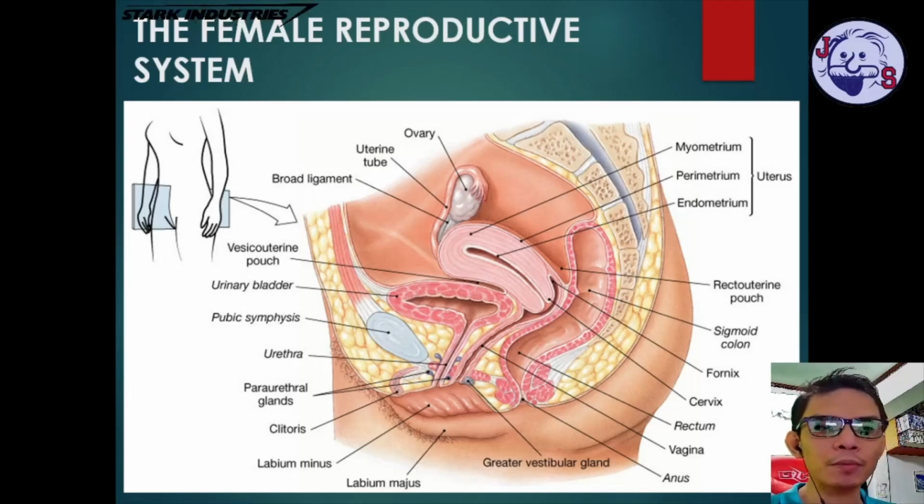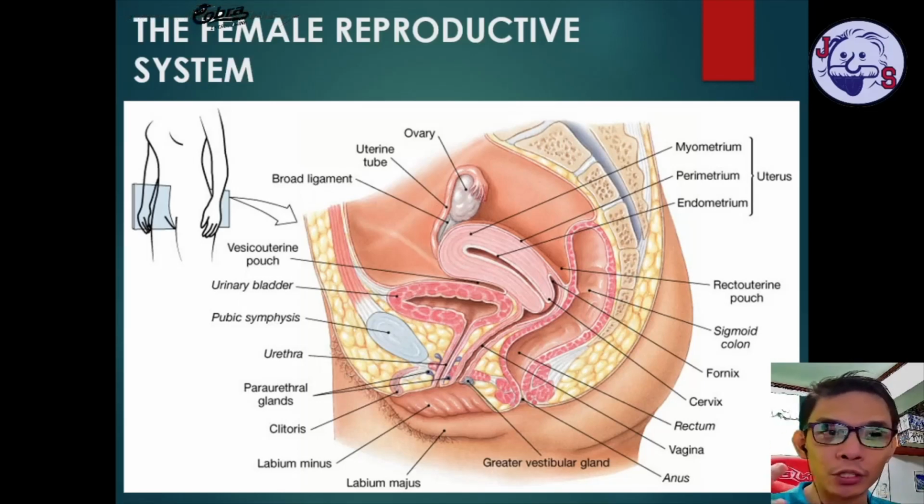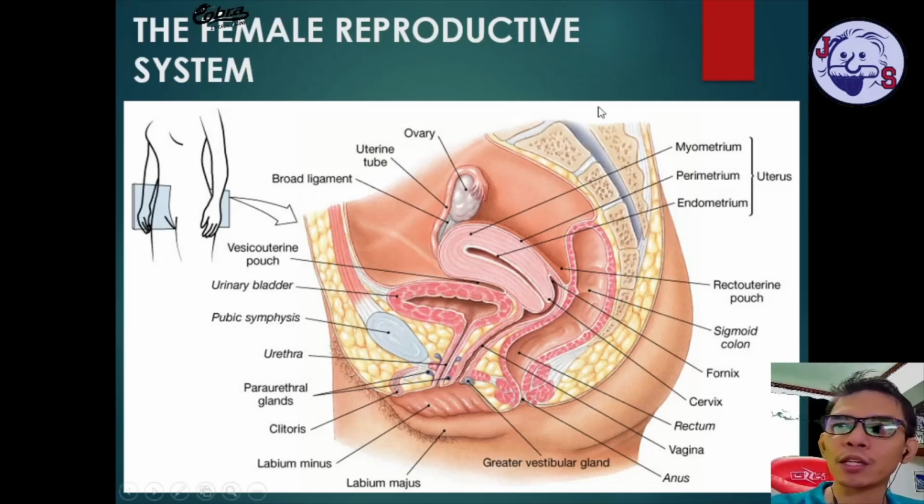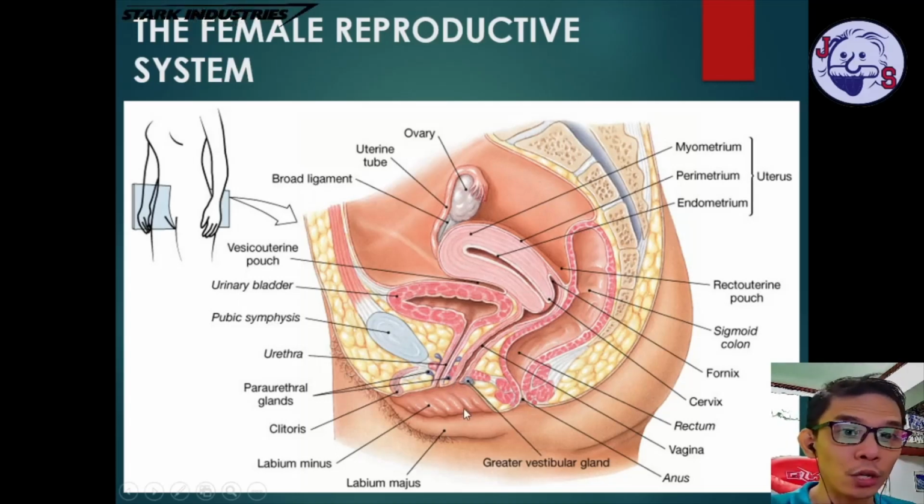The male reproductive system is made up of a lot of tubes that are connected to another tube. Meanwhile, the female reproductive system, as you can see right here, is made up of canals and pouches.